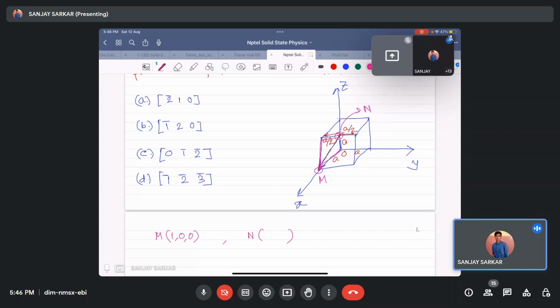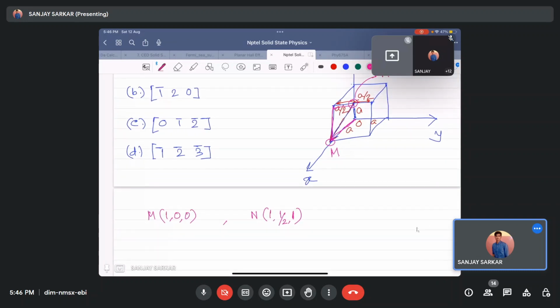So 1, 1 half, 1. Am I correct? So you know the two coordinates of n and m. Now you just need to subtract each of the components of x, y, and z, and you will find the directional indices.